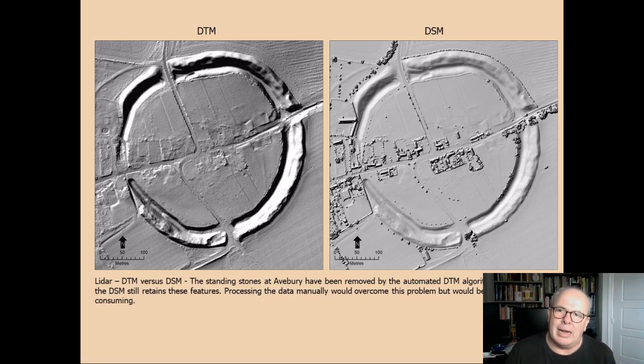And you'll see that on the left, because they've stripped out everything that's above a certain height above ground, they've actually removed all the standing stones. So one of the reasons I chose this as an example is because it shows that in order to process this data properly for a DTM, you need to do it by hand rather than rely on an automated algorithm that's actually removed part of the archaeological data.